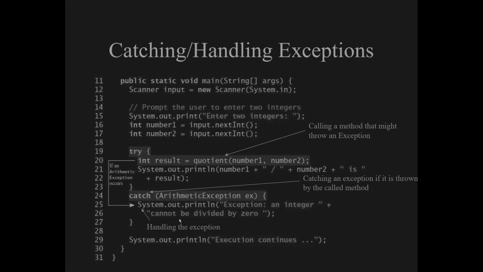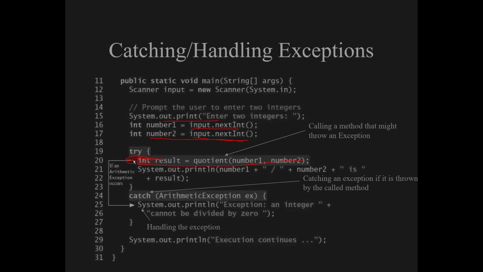Here's an example of an arithmetic exception happening where, let's say, you divide by number 2. It takes inputs from the user, and if number 2 ends up being 0, after the division it's going to throw the exception.